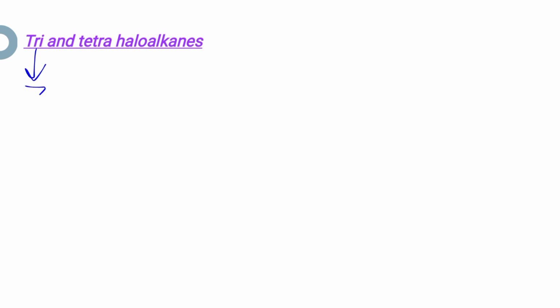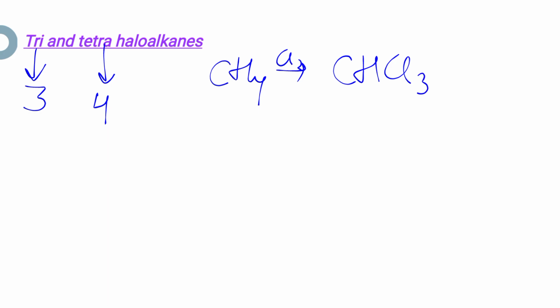Okay, tri and tetra haloalkanes. Tri means 3, tetra means 4. When any hydrocarbon has 3 halogen atoms in it, like CH4 is a hydrocarbon, it gives CHCl3 after reaction with Cl2. This methane has 3 chlorine atoms with it.